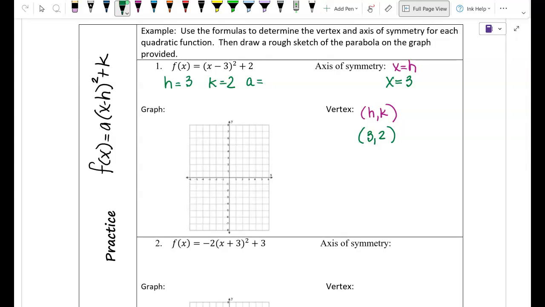And what is my value of a in this? If there's nothing in front of the parentheses, what is always there? 1. Yeah, so in this case, my a value would be 1. So is this parabola going to open upward or open downward? Upward. A is a positive value, so we know that this opens upward.